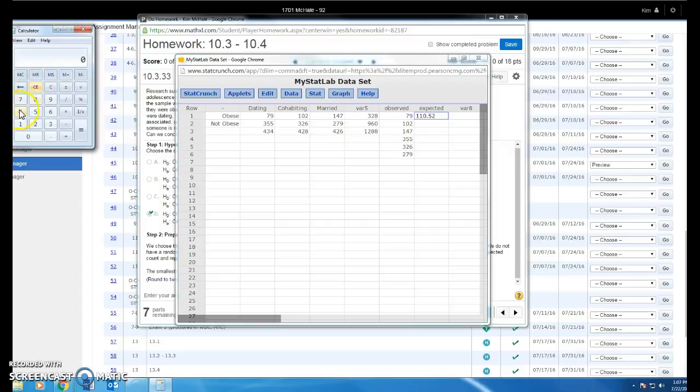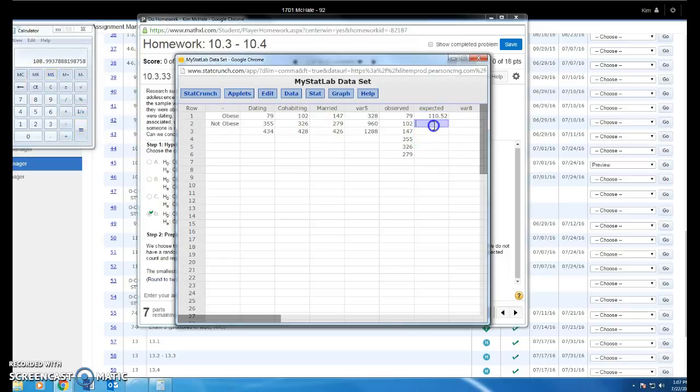428 times 328 divided by 1288 gives me not the right answer. I must have hit the wrong thing. So 328 times 428 divided by 1288 gives me 108.99.